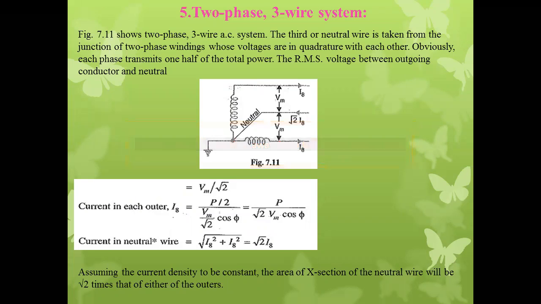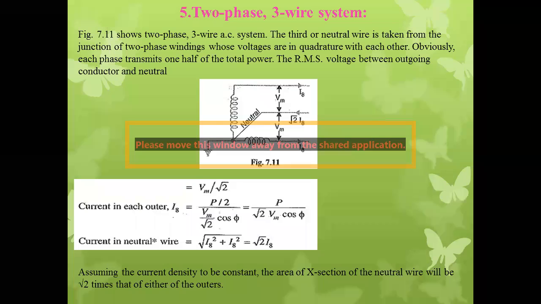Next, current in the neutral wire. Remember this: it is the RMS value of the current flowing through the phase wires. If the current flowing through each phase wire is I8, the current through the neutral wire will be the RMS value of the total load current, that is root 2 into I8.